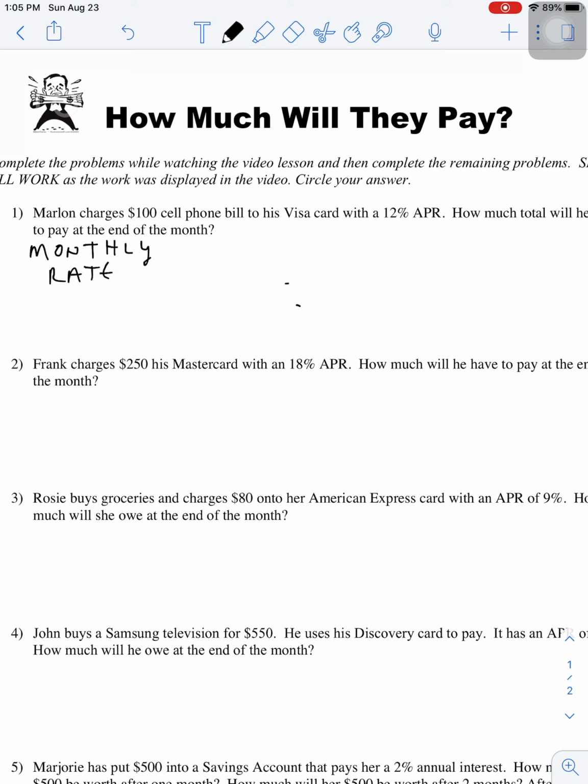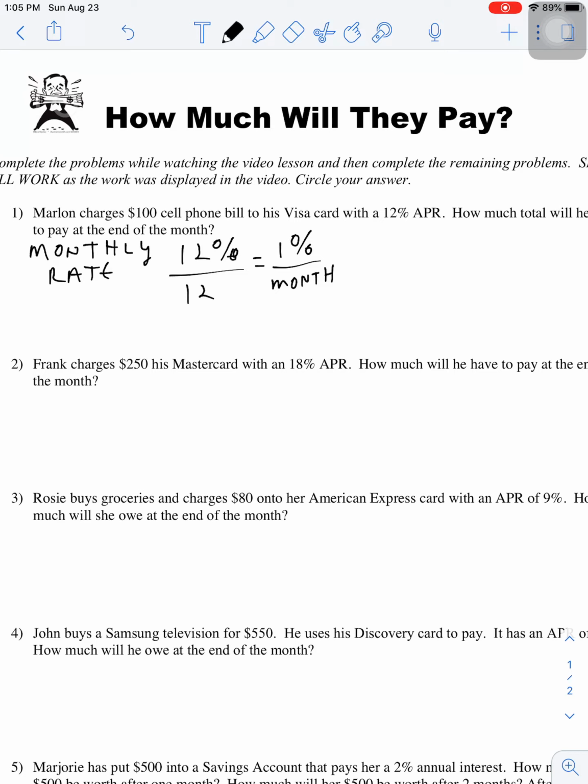And the way that you figure that out is you're going to take the 12%, and they call it APR, annual percentage rate. Well, how many months are in a year? The answer to that is 12. So basically what you figure out is that it's 1% per month.